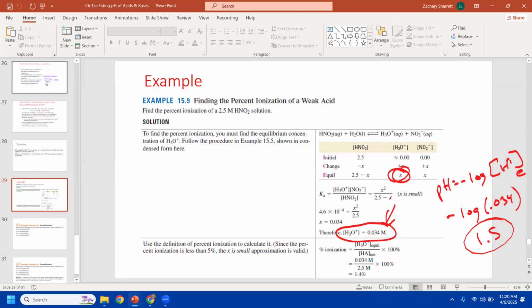So for instance, let's say on the quiz today, I asked you to find the pH of a basic solution, and you use the method where you find the pOH, and you get a pOH of 1.5, right? So if you put the pH as 1.5, you should be like, wait a minute, this is a base that has a pH of 1.5.